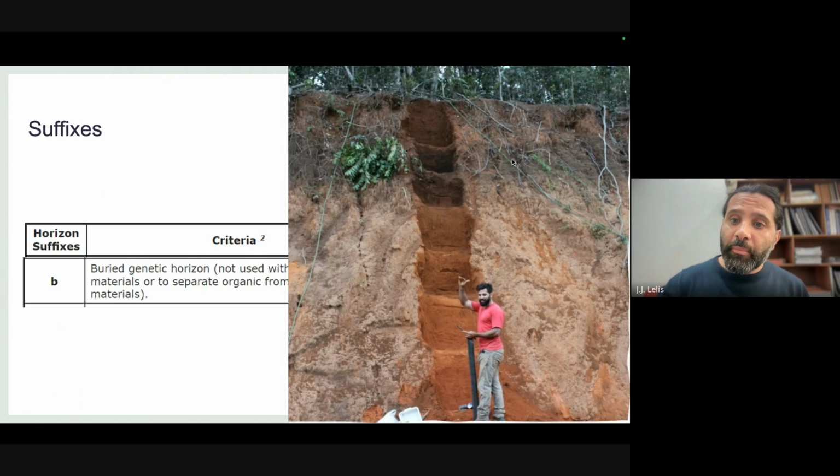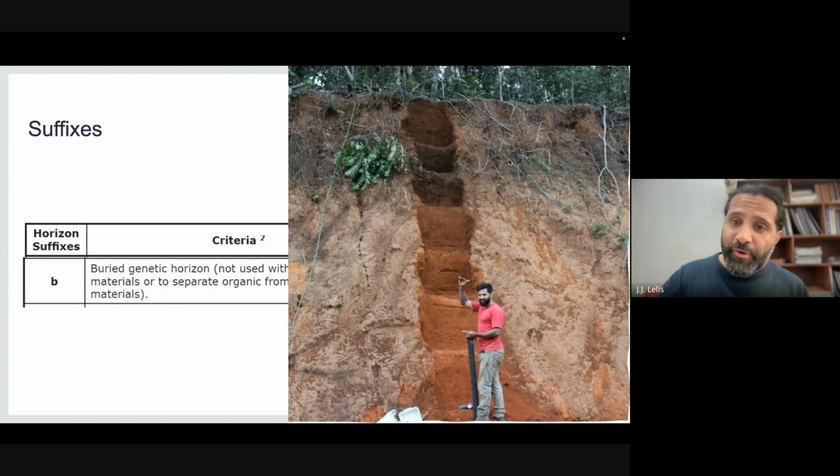It was formed at the surface, but something happened, and now this A horizon that was formed at the surface is buried. So some erosion movement, some kind of material was eroded and now buried this past A or past surface horizon.